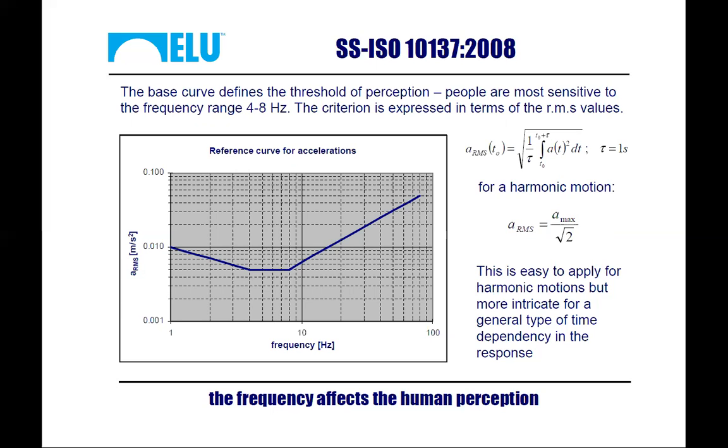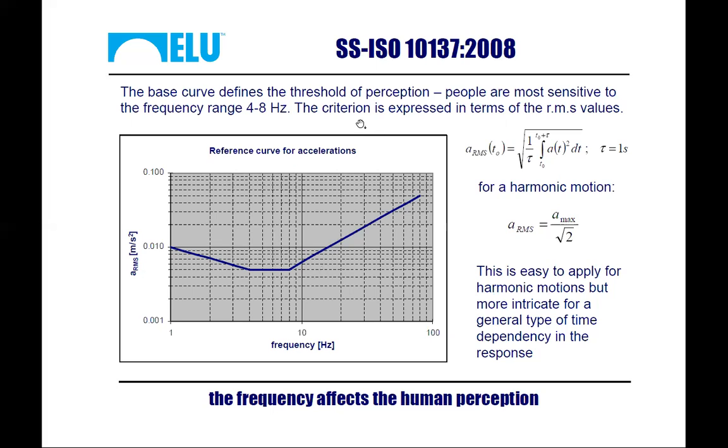So we are most sensitive to vibrations in the frequency range 4 to 8 hertz. And this is reflected in the base curve by the fact that the value of the acceleration is at its lowest point. For other frequencies, the threshold values will increase.